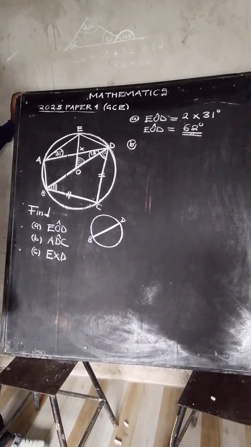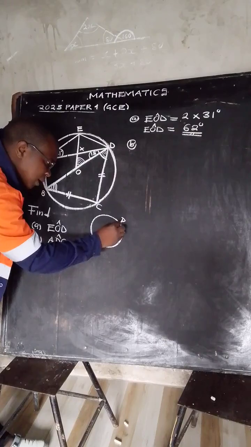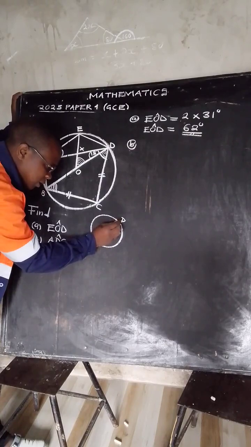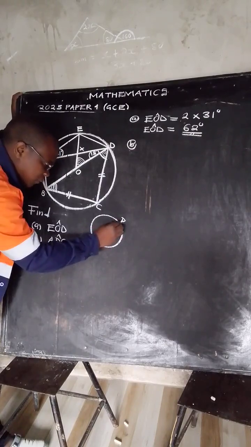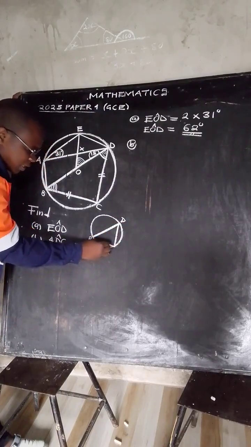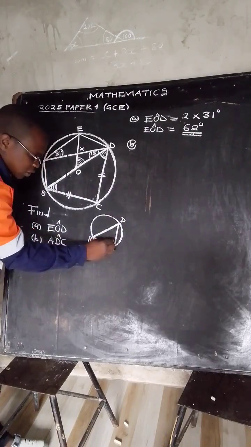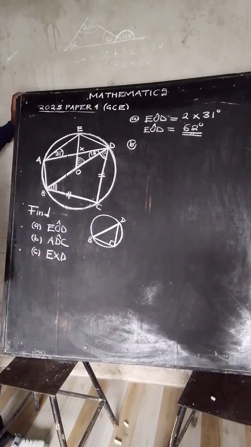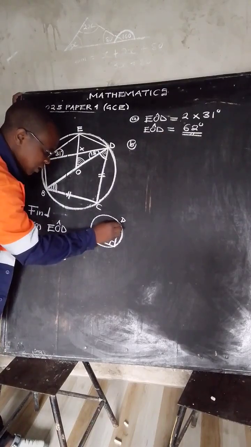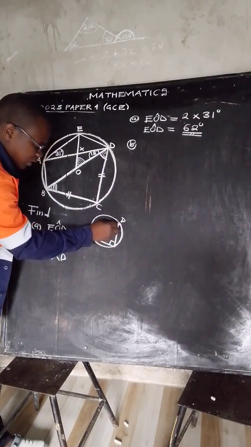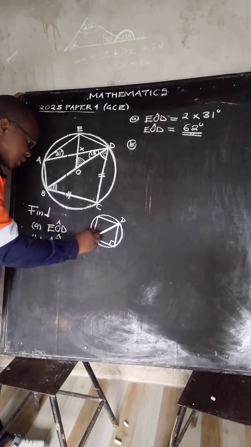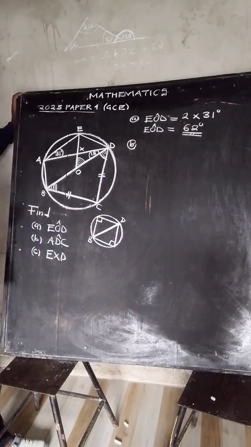What I mean by this is, if I move from point D going to point B, and I form an angle as I go to B, this angle is equal to 90 degrees. Again, if I move from point D this other side and form an angle as I tend to point B, this angle is also 90 degrees.